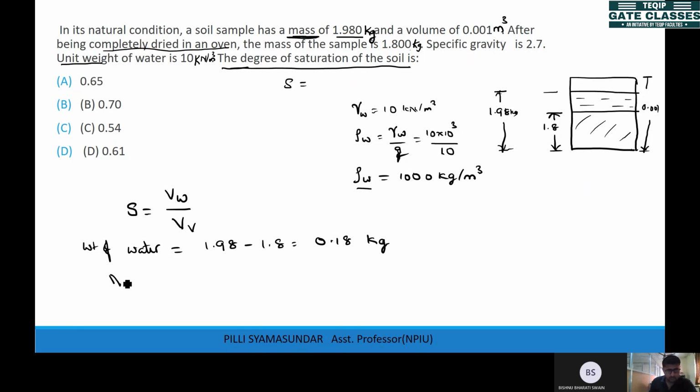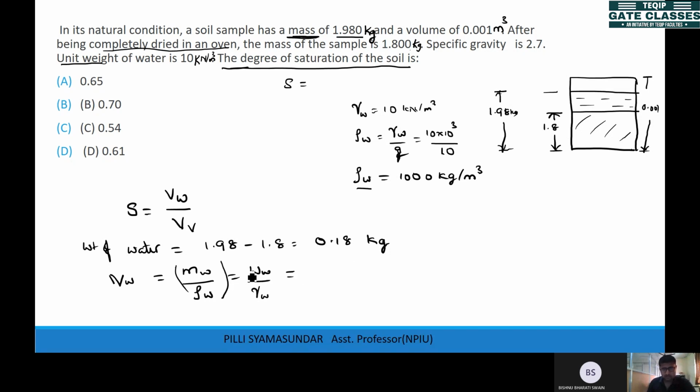So volume of water is mass of water by density of water, or you can say weight of water by unit weight of water. Either you convert mass into weight or you convert unit weight into density, either way you can do. Here I have converted unit weight into density, so I'm going to use the first term.